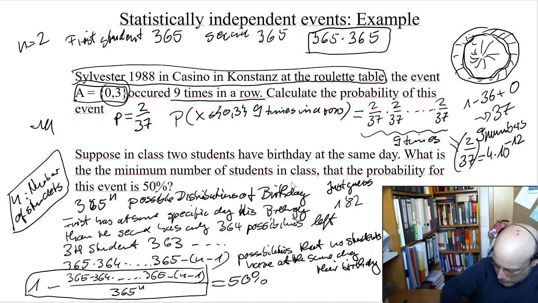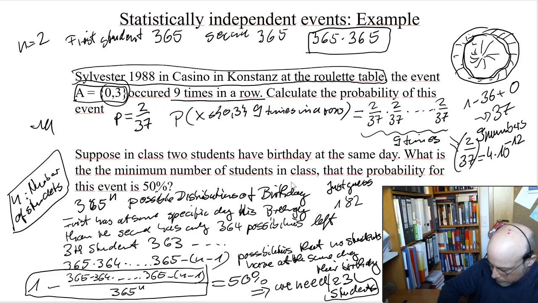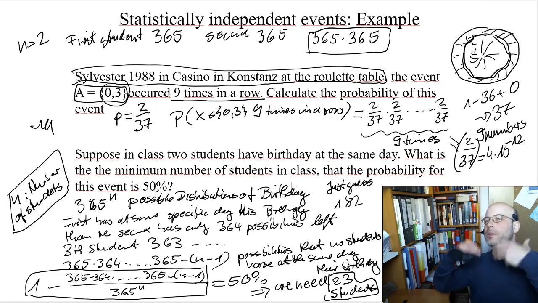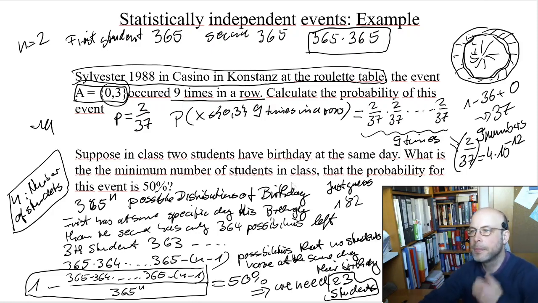So then we need 23 students. And this is also an example of how we calculate with events which are statistically independent.